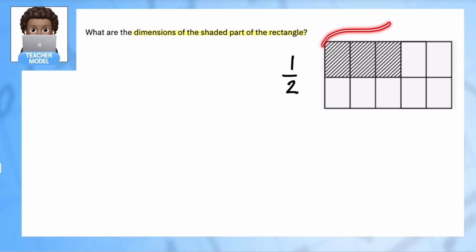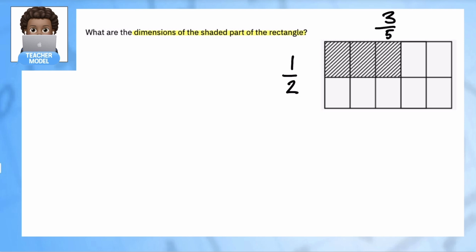And over on this side, if again you're only looking at this one row right here, I see 3 out of all 5 pieces, so 3/5. This is one way of being able to figure out the dimensions when you're given a model that doesn't have clear numbers on it.